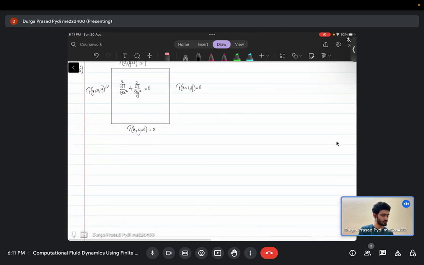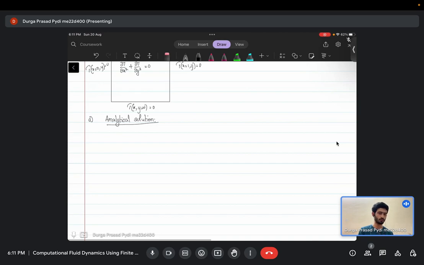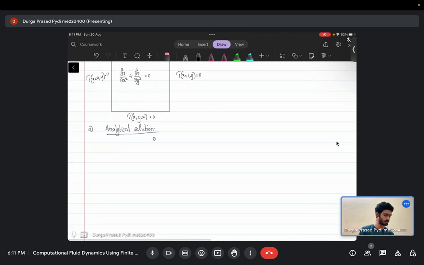So the first part is essentially to find the analytical solution. For those of you who are not aware of solving this, it is a second order PDE.